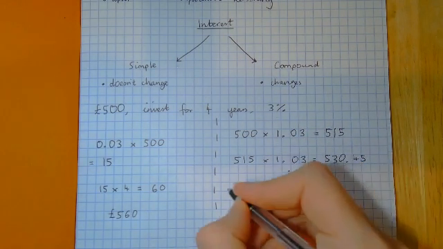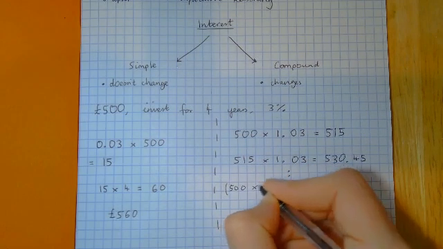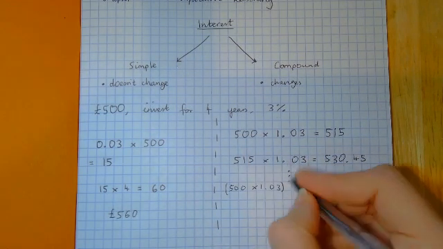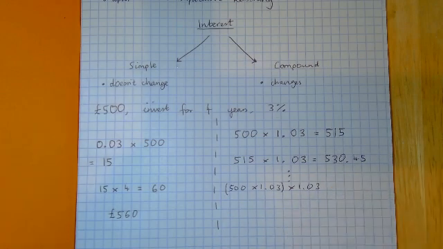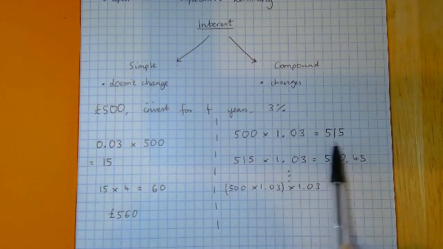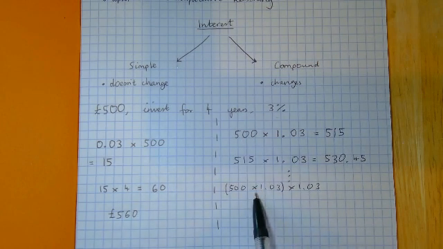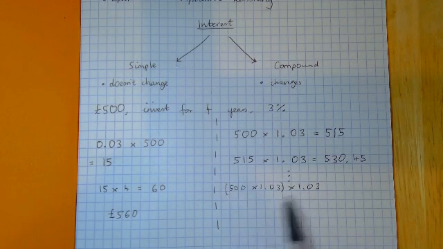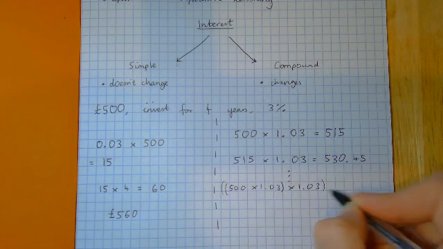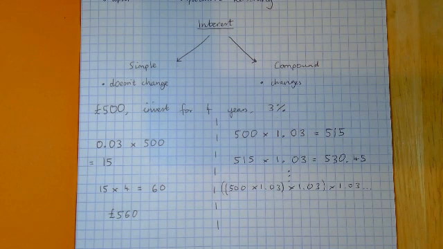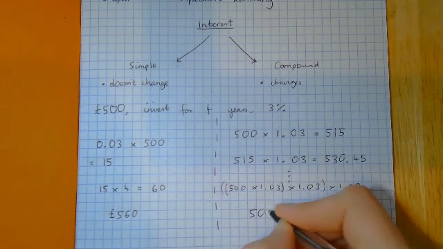If you imagine, if I hadn't worked out this answer, I would have done 500 times 1.03, and I would have timesed it by 1.03. That's the same as this line, just instead of writing 515, I've written the calculation that gets me 515. And then on the next line, I would do this answer, and I would times it by 1.03, and that would go on.